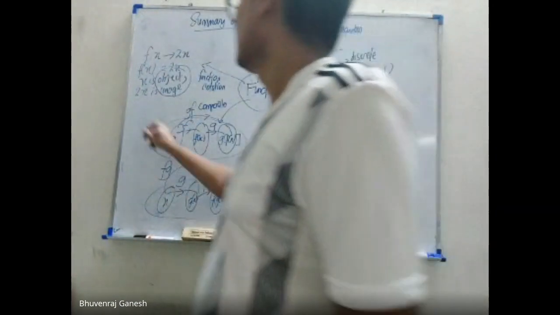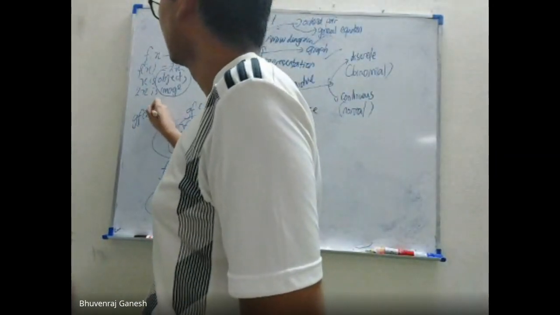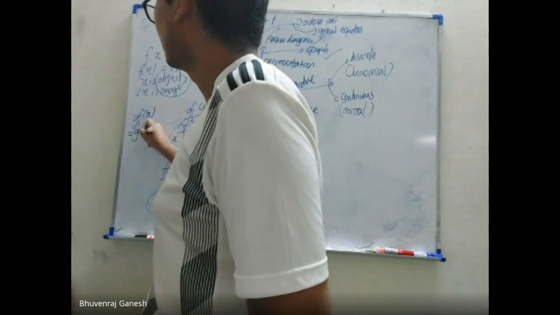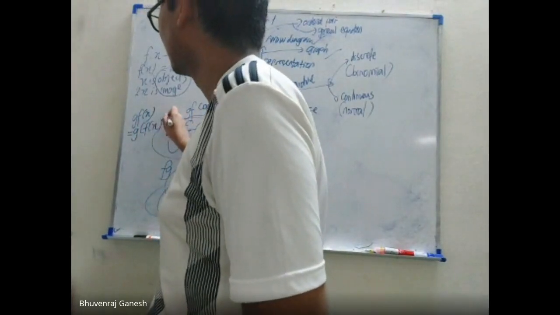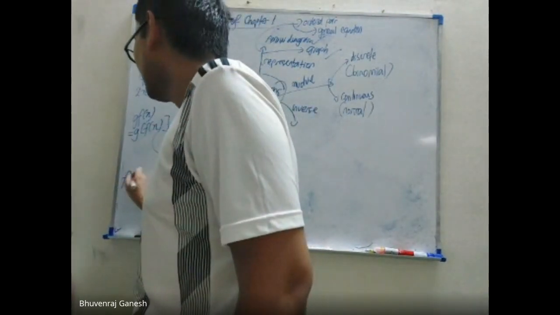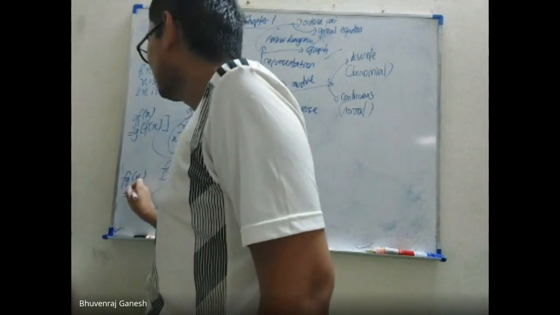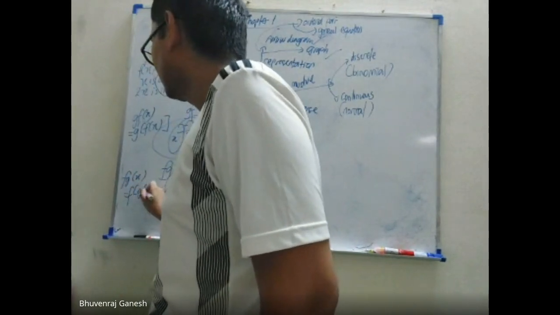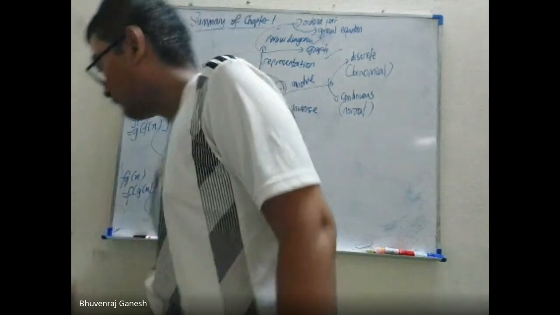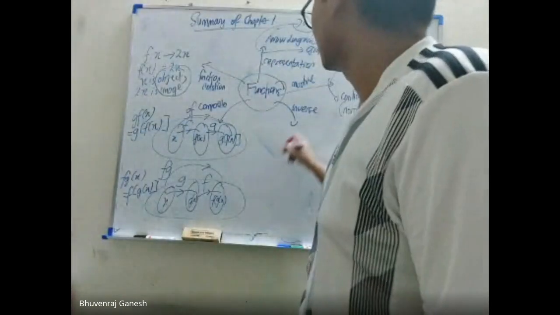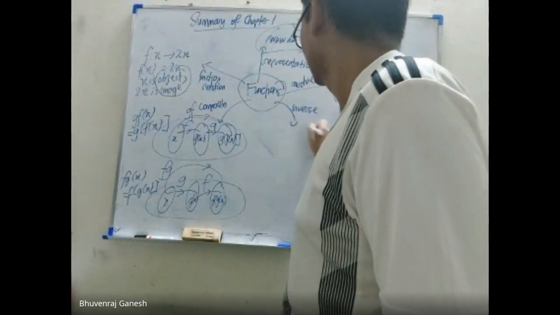So basically your gf(x) is equal to g(f(x)). This is how you should show it in the exam. Same with fg(x) is equal to f(g(x)). Then the inverse function we can also show with an arrow diagram.